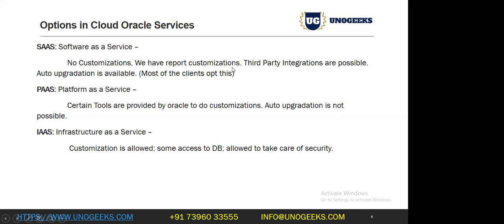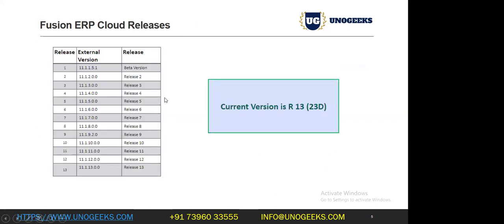Whatever reports you want to customize, yes, we have the flexibility to do that. Any third-party integrations, like invoice flows, sales orders or POs coming from another third-party system, or AP invoices or transactions coming from other third-party systems, integrations are also available. And auto upgrade: as I mentioned earlier, every quarter a release comes.